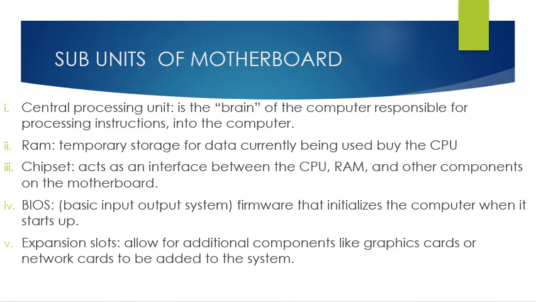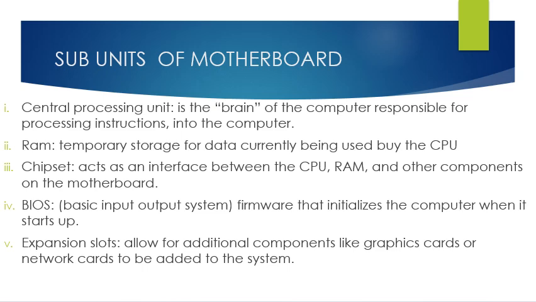Subunits of the motherboard. We have the central processing unit, the brain of the computer, responsible for processing instructions. Then we have the RAM, random access memory, temporary storage for data currently being used by the CPU. The chipset acts as an interface between the CPU, RAM and other components on the motherboard.